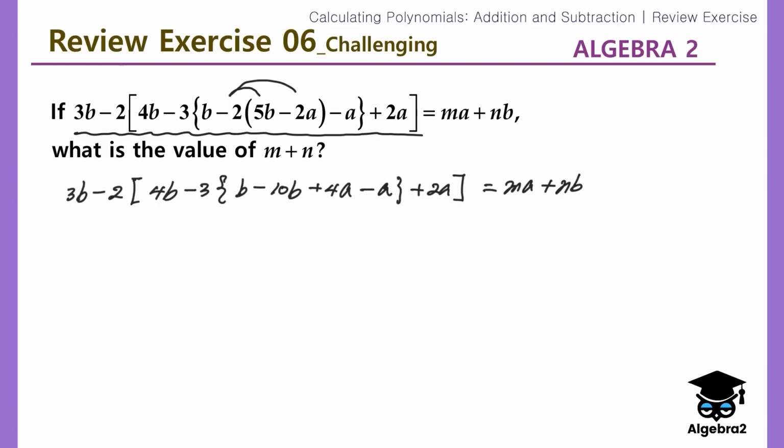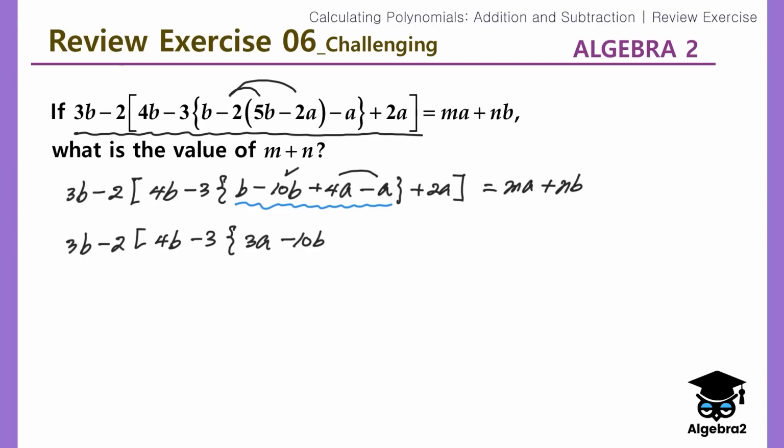So we have a 4a minus a, that's 3a, right? So we're gonna rewrite this expression 4b minus 3, and we have 3a minus 10b right here. Oops, I'm sorry. We have a b minus 10b, right?